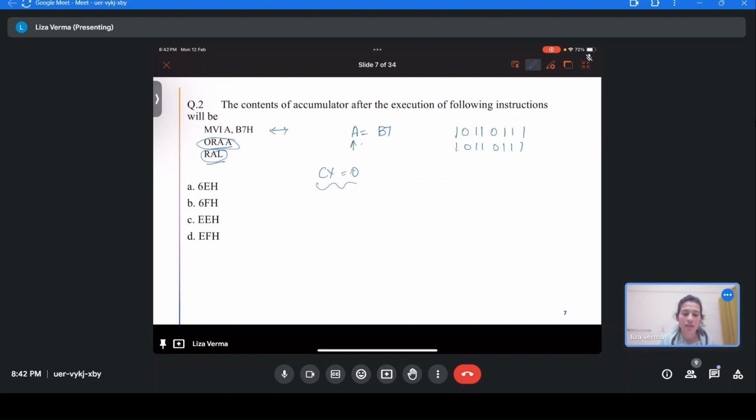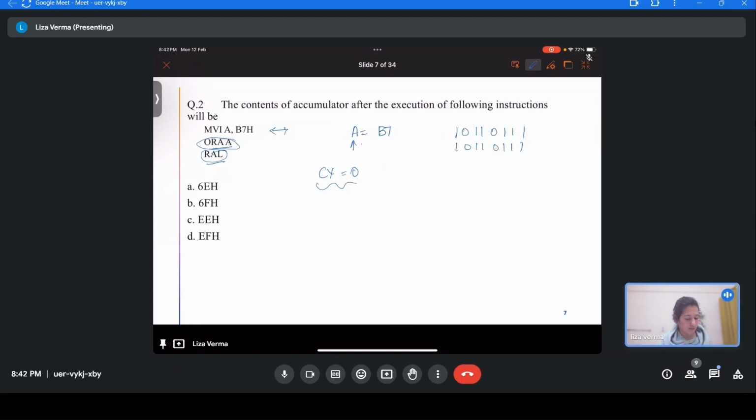When we do an OR operation, the carry flag will be cleared. No operation will be done to set that carry. It's always cleared. Yes, yes.